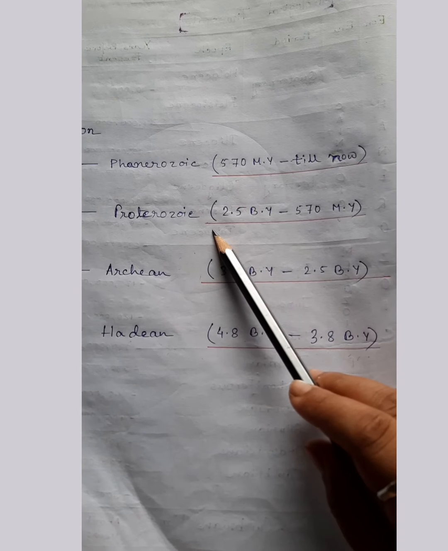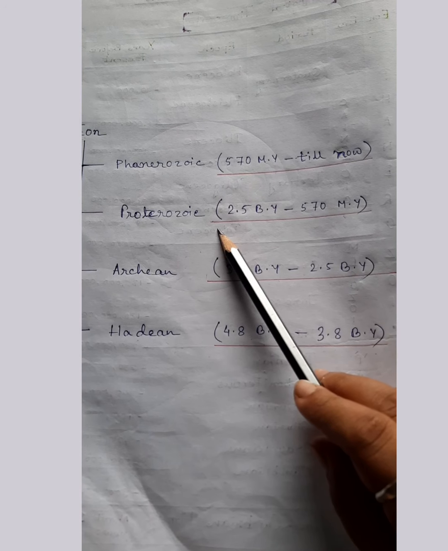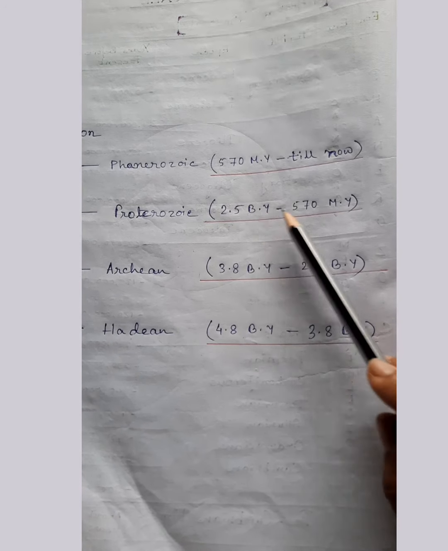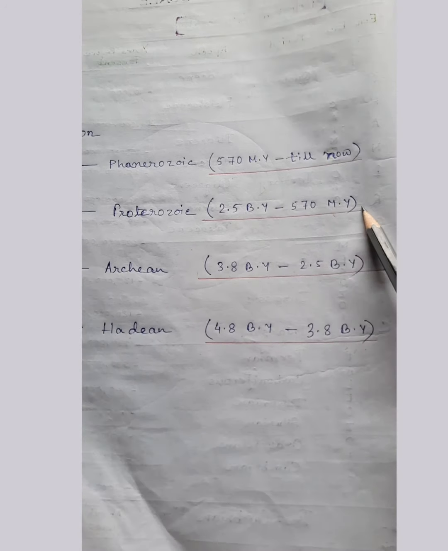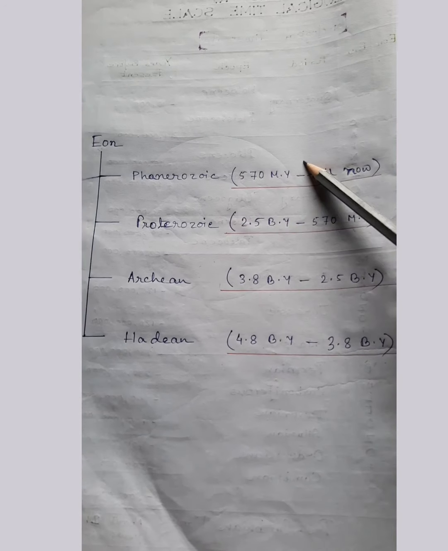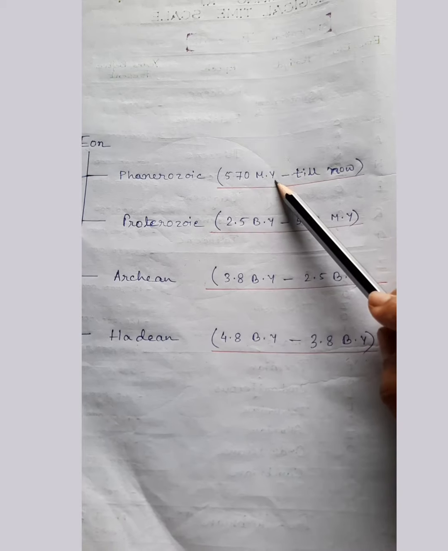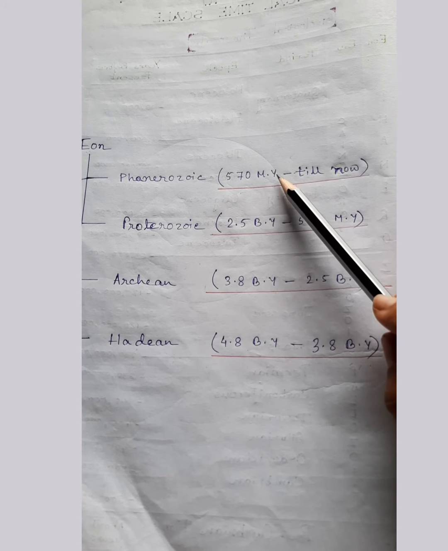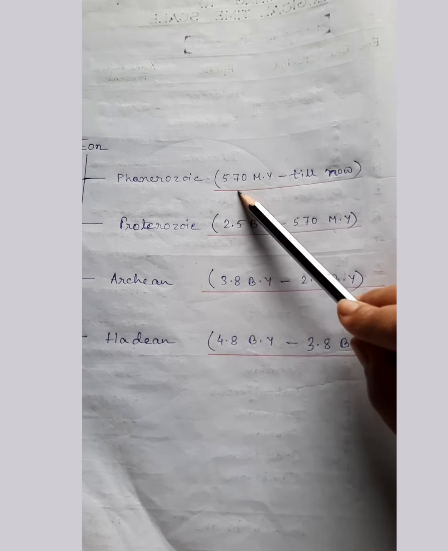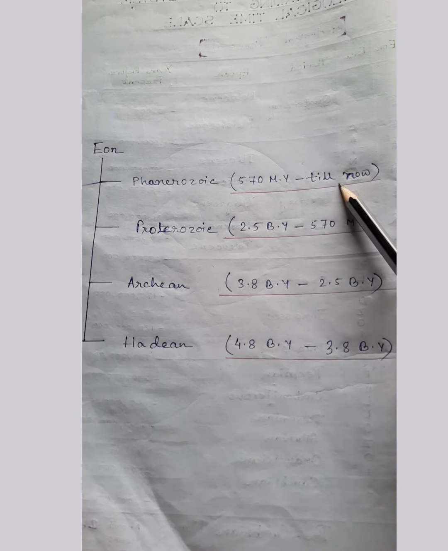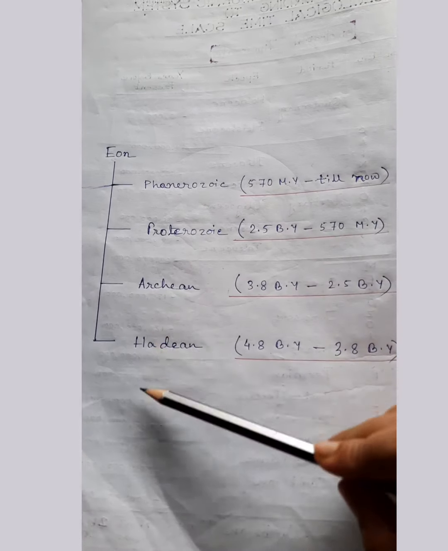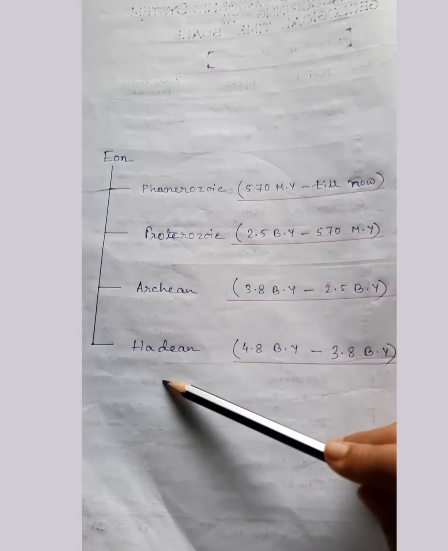Then Proterozoic, that means the Precambrian time, 2.5 billion years to 570 million years. And after that comes Phanerozoic, from when life was actually created. This is the time of creation of life, so 570 million years till now. So the eon is divided into these four, that means the major division is four.